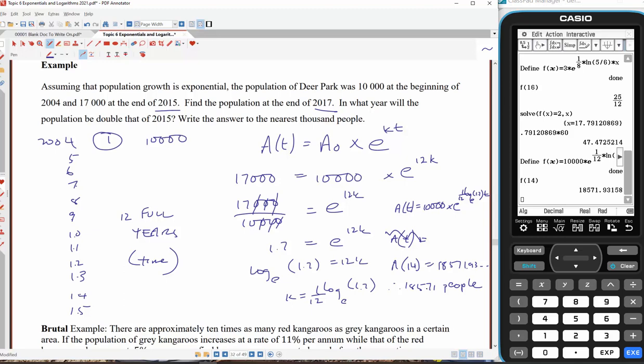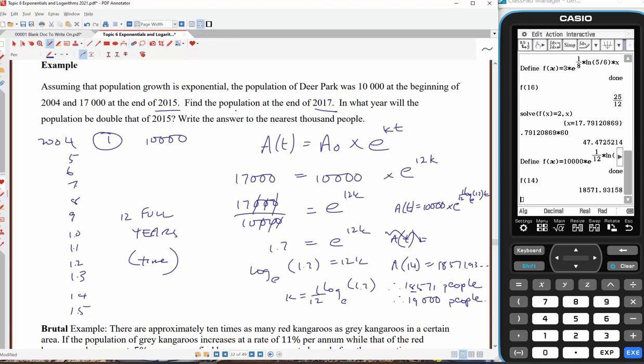Units, tens, hundreds, thousands. So am I allowed to round that? Yeah. So this is not rounded to the nearest 1,000 people. So there's thousands. This is actually going to be 19,000 people.